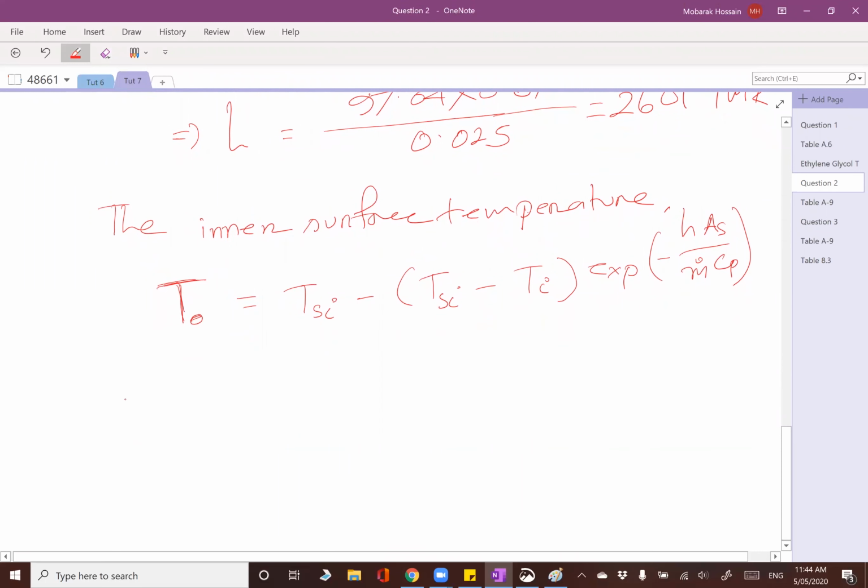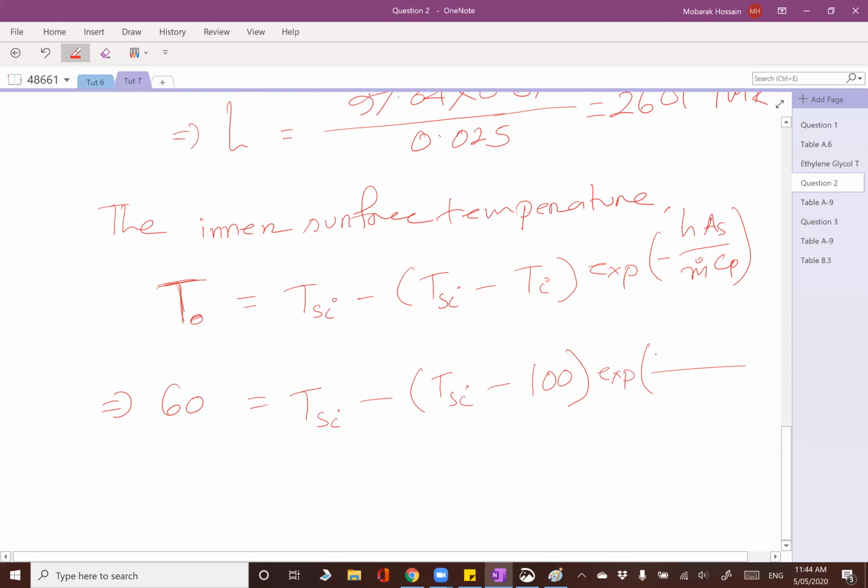Now the outlet temperature is given as 60 degrees Celsius. The inner surface temperature is unknown, and the inlet temperature is given as 100 degrees Celsius.